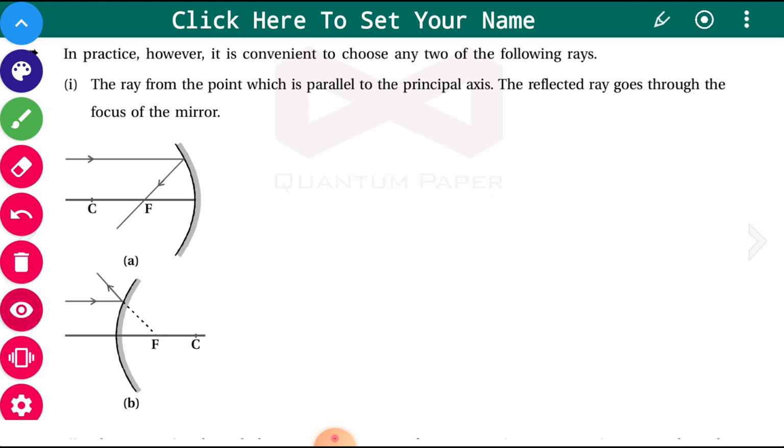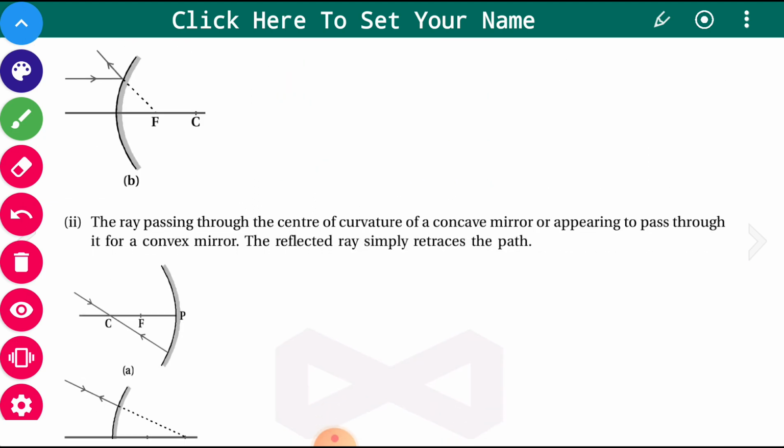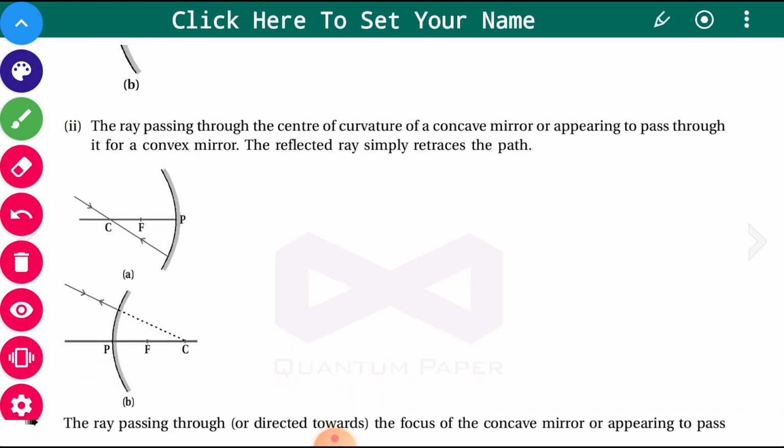Now the ray which is passing through the center of curvature of the concave mirror, or appearing to pass through the center of curvature of the convex mirror, if the ray is appearing to pass, then it will be reflected on the same path.